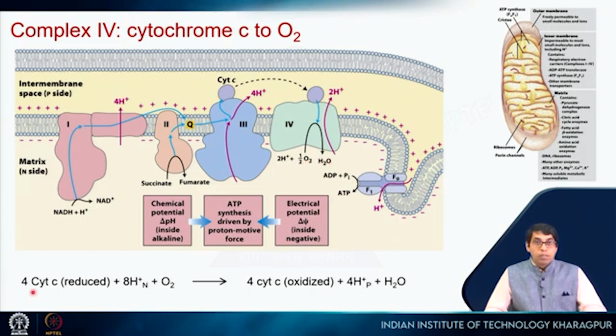So cytochrome C, which is the reduced form, plus protons from the matrix side plus oxygen, this will get oxidized. 4 protons are pushed out and oxygen is reduced to water, right? Now if you do your balance, you will see that ultimately 2 protons are pushed out from this N side to the P side, because some protons will be taken up by the water molecule.